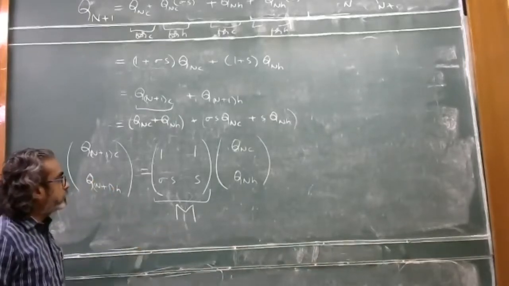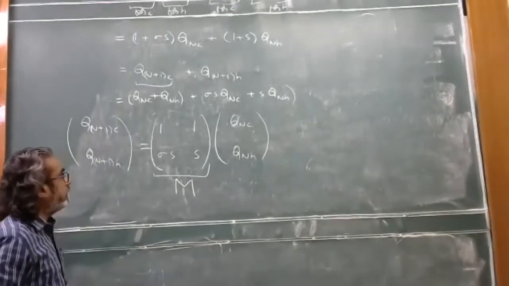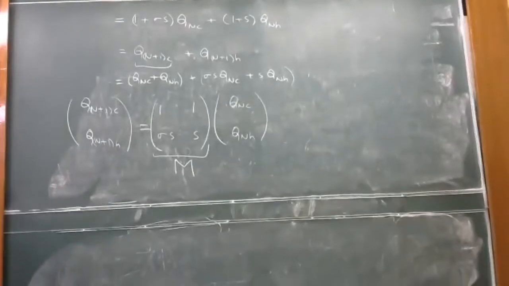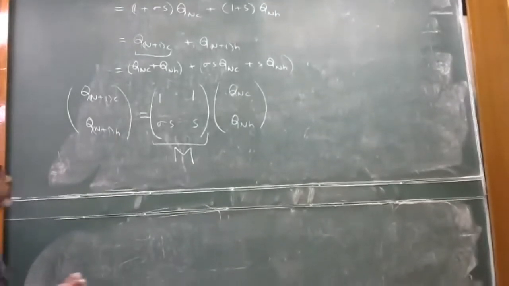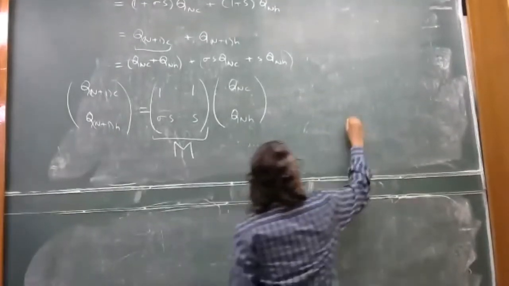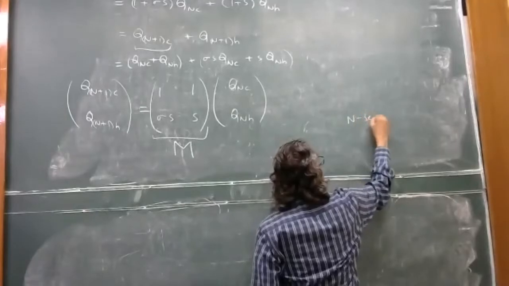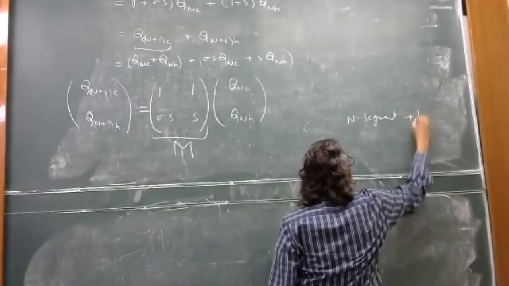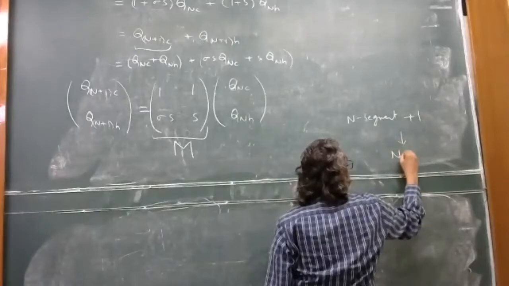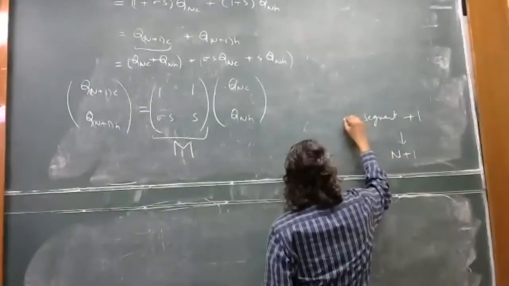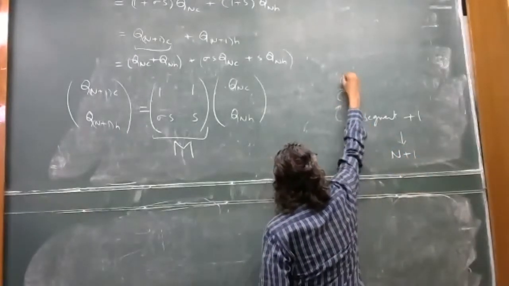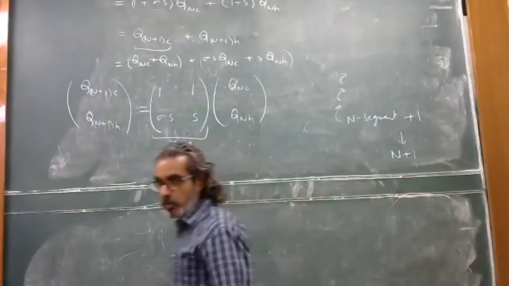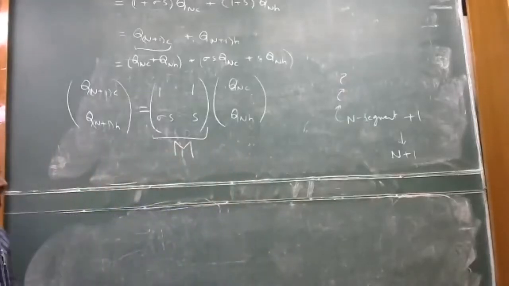So like that, you can now write a generalized form from residue 1. We started with n segments, and then we added one to get n plus 1. Now you can in principle walk backwards, and then you get from residue 1 onwards.